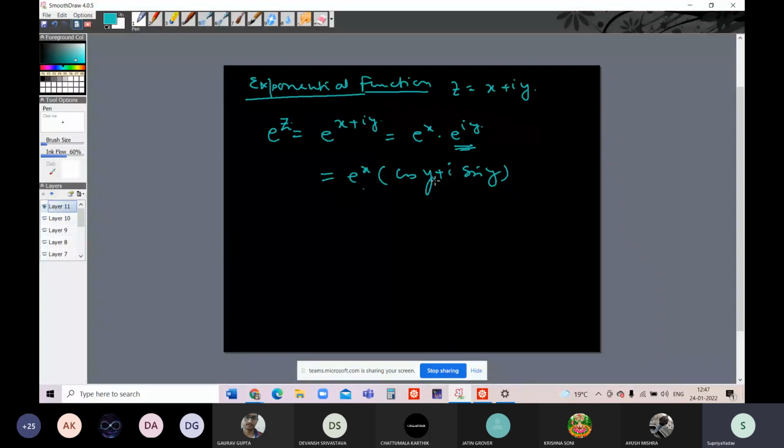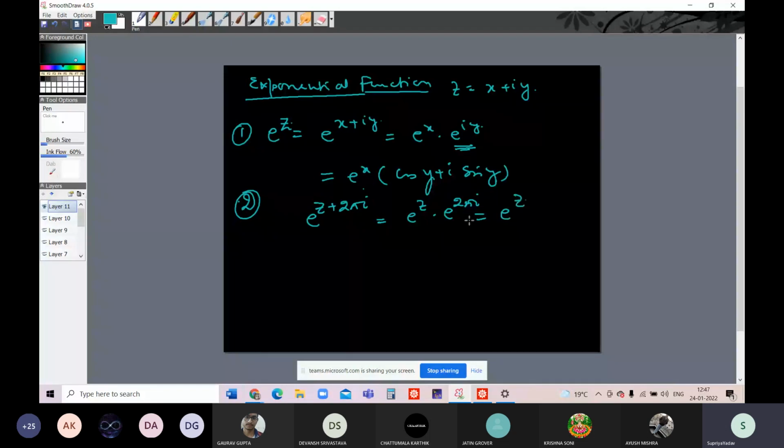And this can also be written with z plus 2 pi i. e to power z plus 2 pi i can be written as e to power z times e to power 2 pi i, and e to power 2 pi i means cos 2 pi plus i sin 2 pi, and cos 2 pi is 1 and sin 2 pi is 0, so its value is 1. So it is again e to power z. So it is also a periodic function with period 2 pi i.